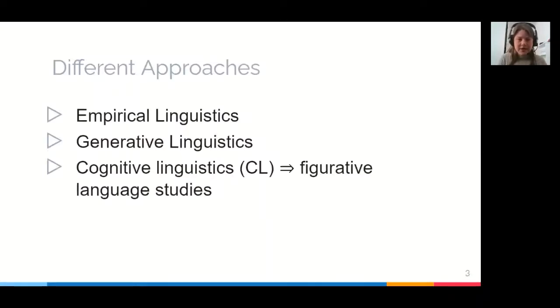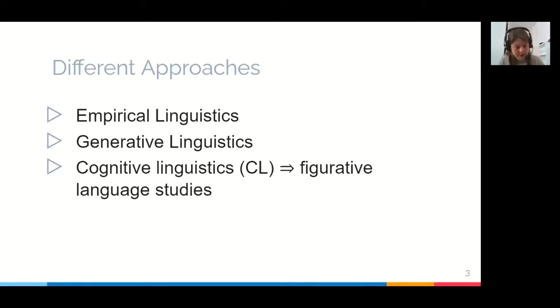And the discussion here is that we have different approaches. Yes, we have empirical linguistics that considers the aspect of figurative language and semantics in general a set of generalizations, yes? So they try to explain the phenomena and imply rules for us to follow to understand the rest.